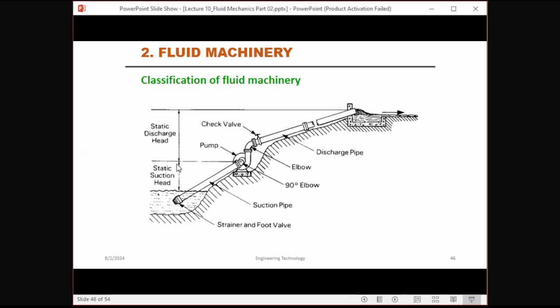Then from the pump height to above, this height you need to get as the discharge head. No need to consider this angle one, you need to consider the vertical component of the height.